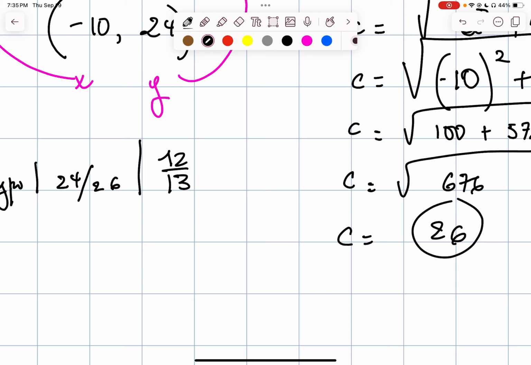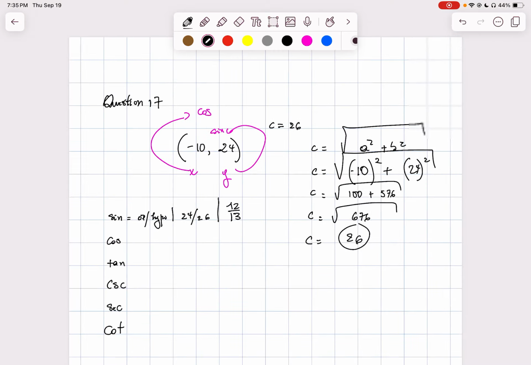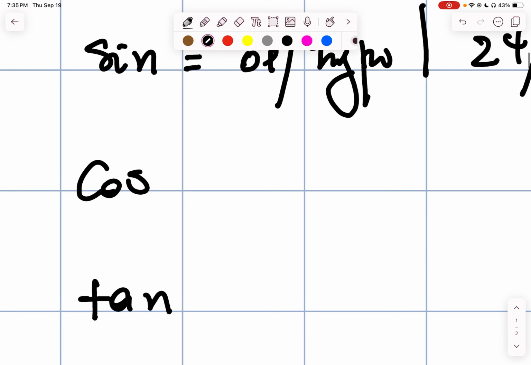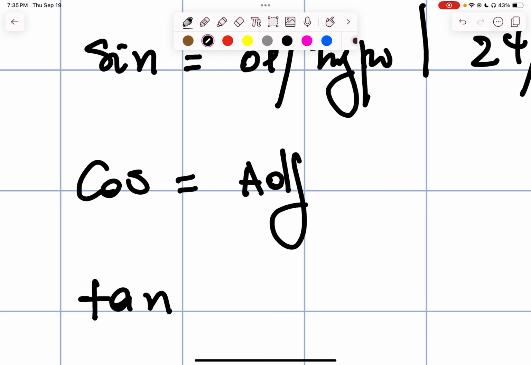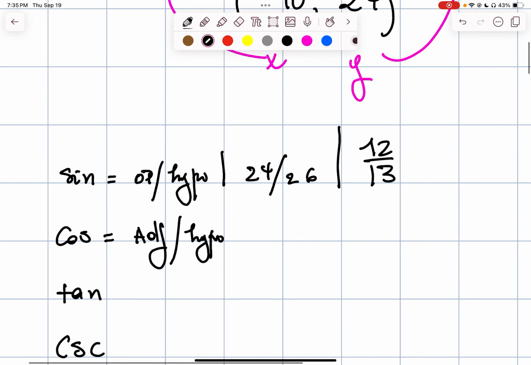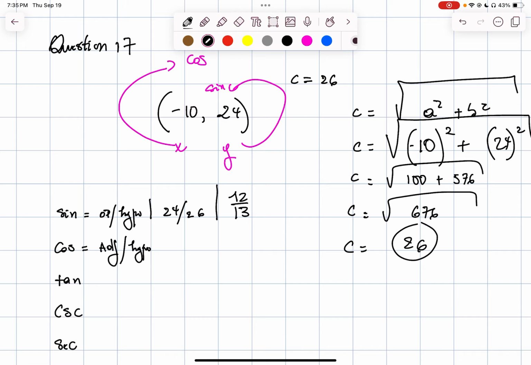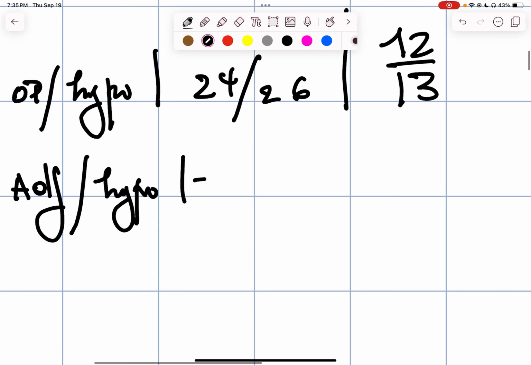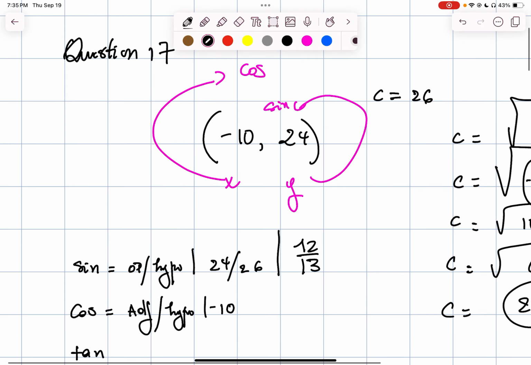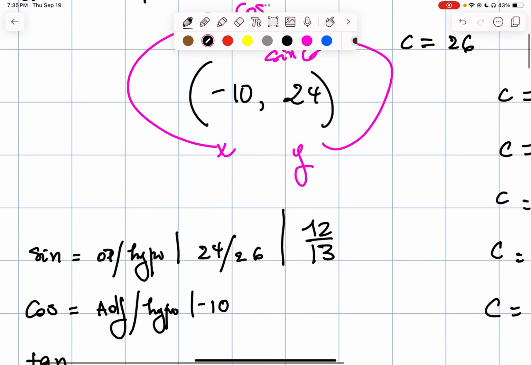Now we're going to find the second function, which is cosine. To find cosine, we use the adjacent side divided by the hypotenuse, the one we just found, which is 26. The adjacent side is -10, so we put the -10. It's really important, because without the minus it's not the same number, so you're not going to get the grade.